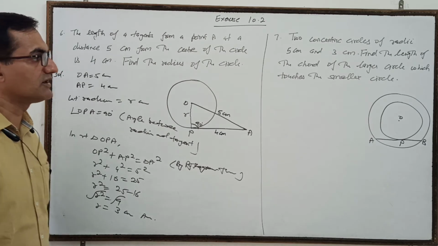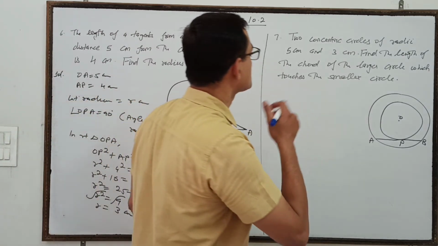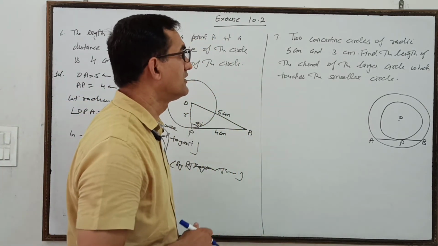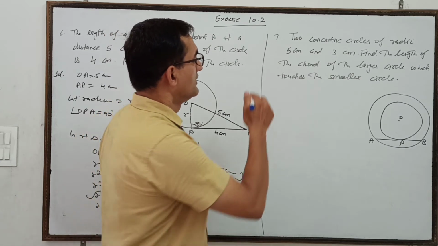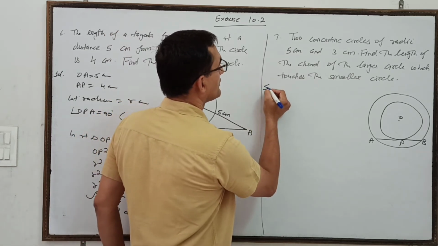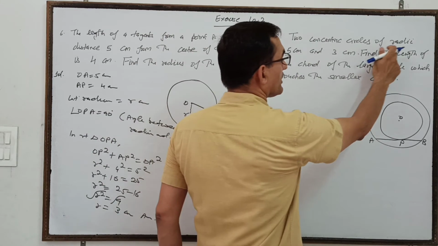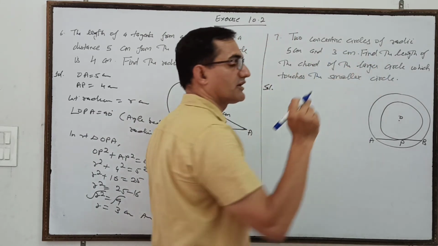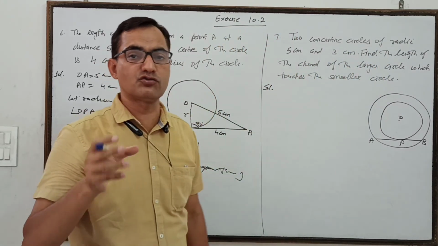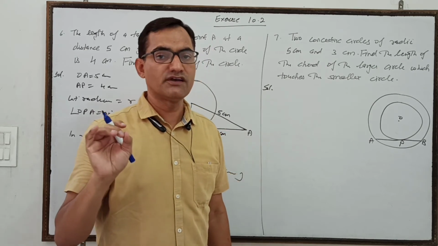Okay, now let's come to the next, 7th question. It has two concentric circles of radii 5 cm and 3 cm. Concentric circles means two circles which have the same center.